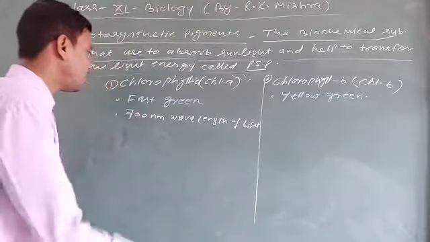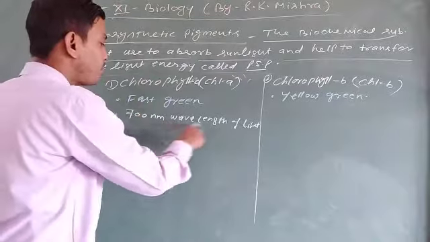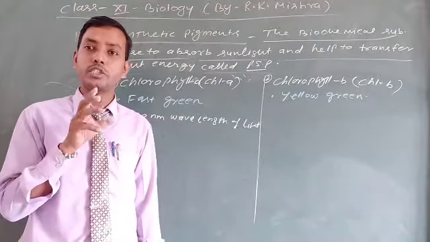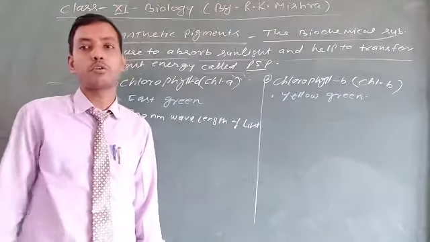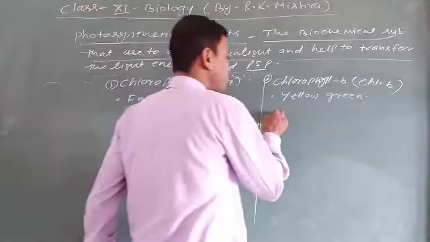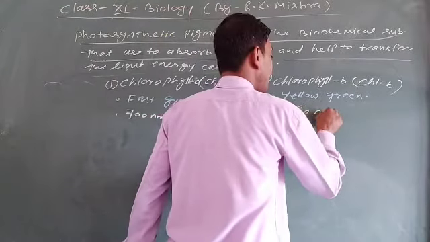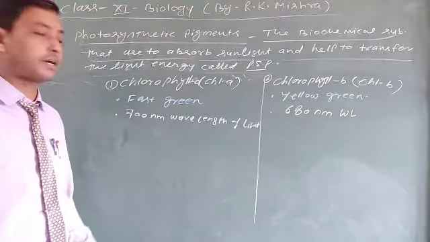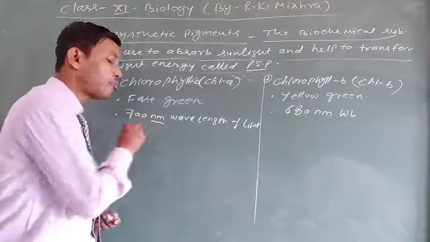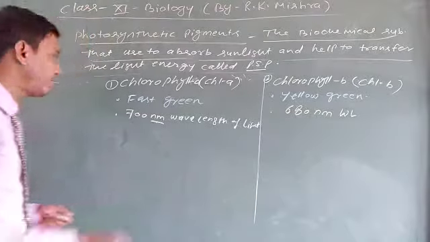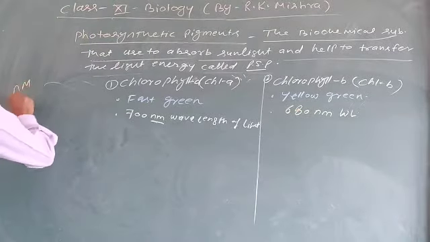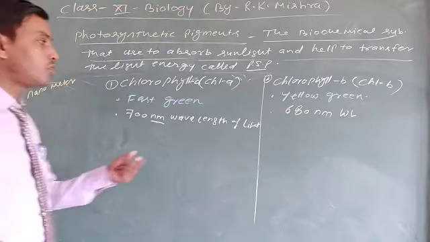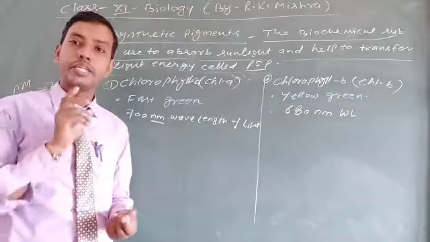Keep in mind, chlorophyll A is responsible for absorbing 700 nm wavelength of light. It means if the intensity of light is 700, it will be absorbed by chlorophyll A. And chlorophyll B absorbs 680 nm wavelength of light. You must write the full meaning of nm, that is nanometer. So this is all about the key difference.